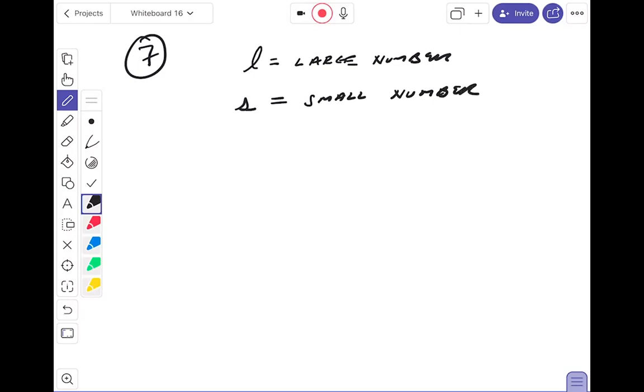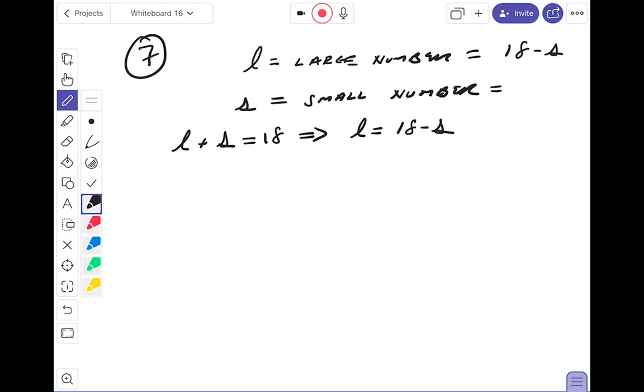Now, let me read it to you. It says the sum of the 2 numbers is 18. I'll write this down: L plus S equals 18. Well, I really only want to use 1 letter in the problem. So I'm going to solve for L. What's L going to be equal to? 18 minus S. So the large number is also 18 minus S.